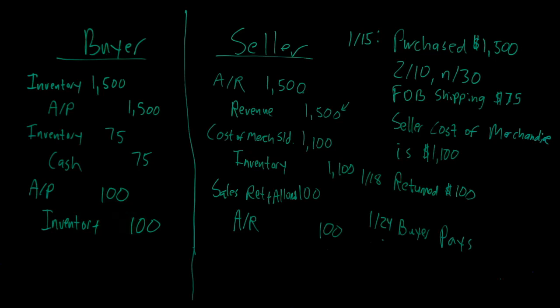So let's look at the buyer side of this transaction first. The first thing we have to do is reduce accounts payable, because we don't have a debt anymore. We're paying off our debt. The accounts payable balance was originally $1,500. We reduced it by $100. So we're going to reduce accounts payable by $1,400.